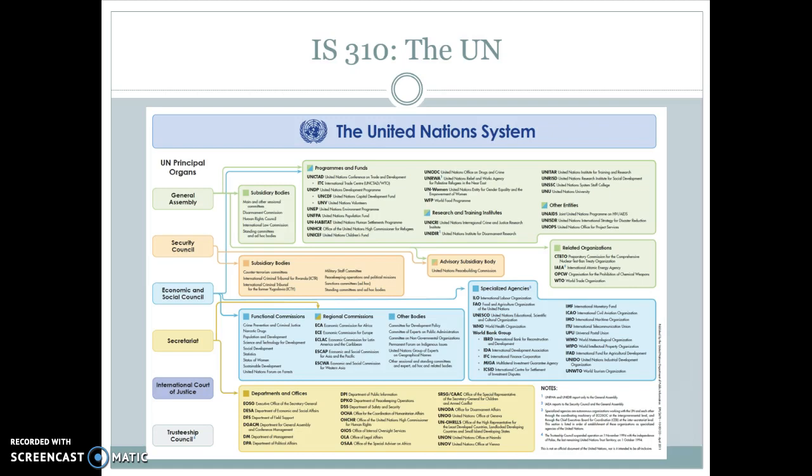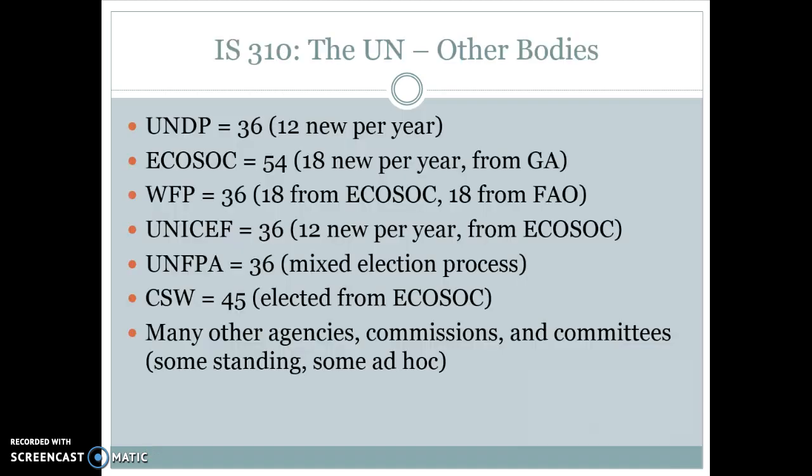So I know that sounds really confusing, so let's look at this list to get a sense of what that means. So let's look at the World Food Program, for example. Instead of being elected, the 36 members of the WFP Executive Committee, those are member states, 18 are elected by ECOSOC and 18 are elected by the Food and Agricultural Organization.